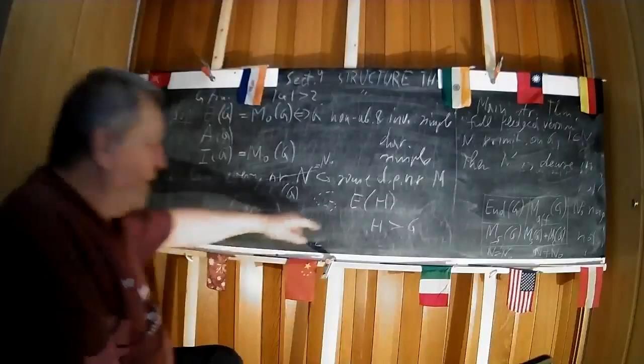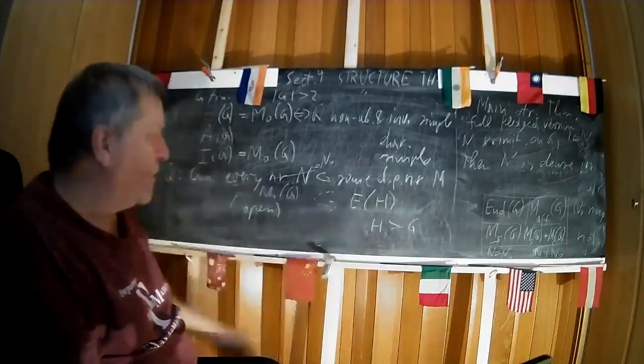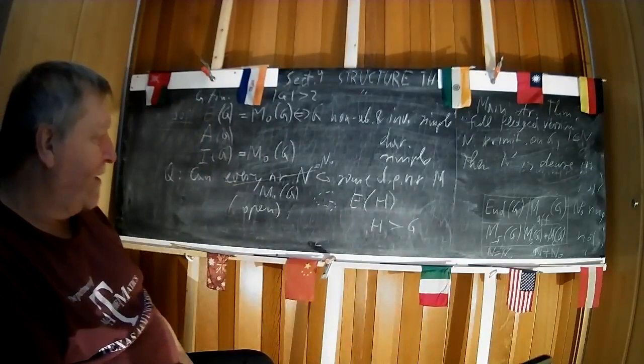If one can achieve this, well, E of H is a PG near-ring, and so this question would be answered.